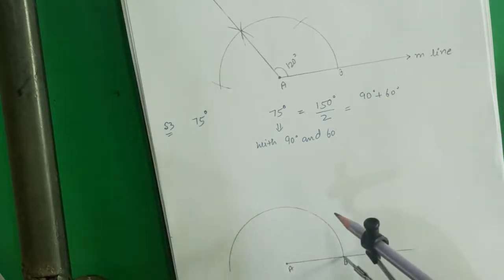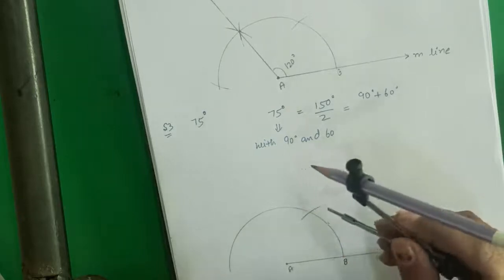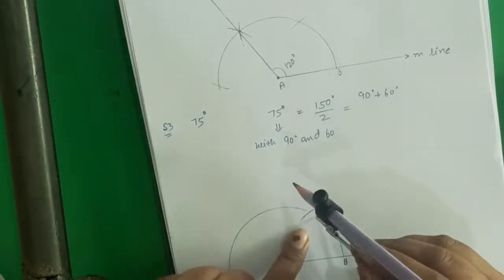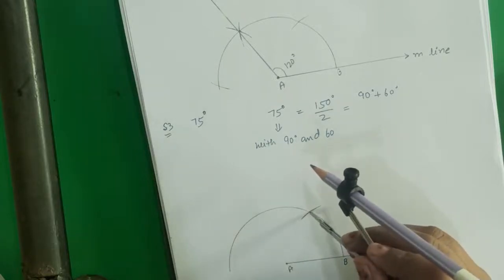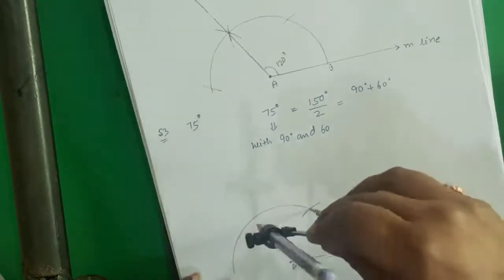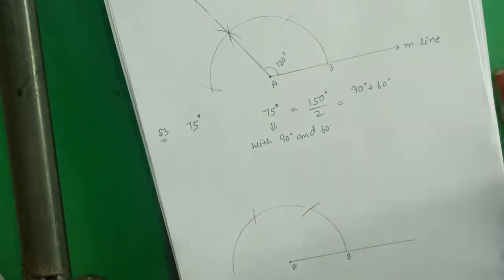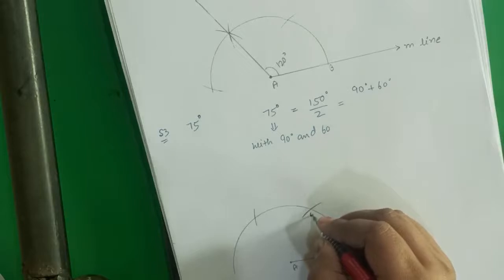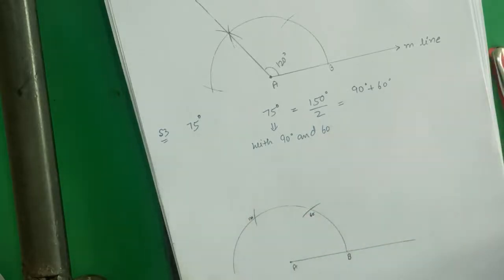Then with B, same radius से आप arc लगाएंगे like this. First arc represent करती है angle of 60 degree. Second arc, tip on first arc. This second arc will represent 120 degree. Always remember this, 60 degree, and this one 120 degree.